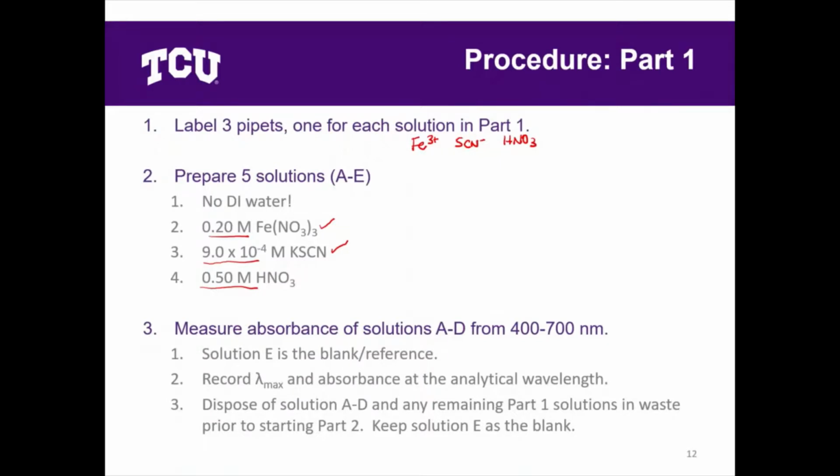Any remaining part 1 solutions need to be disposed of. We don't want you to mix them up with your part 2 solutions. Please dispose of all solutions from part 1 prior to starting part 2. Only thing you should be keeping is solution E, which is your blank, just in case you need it.